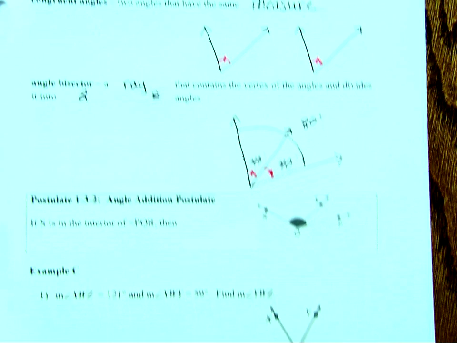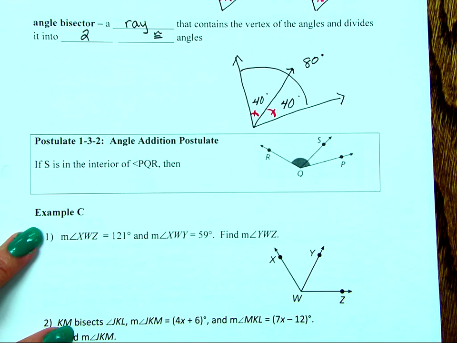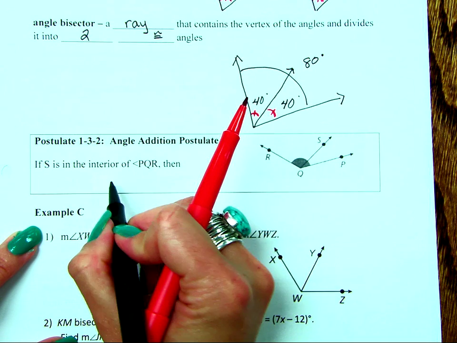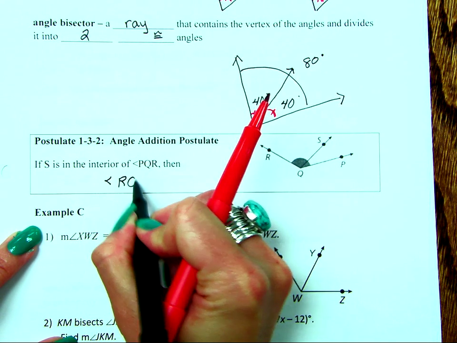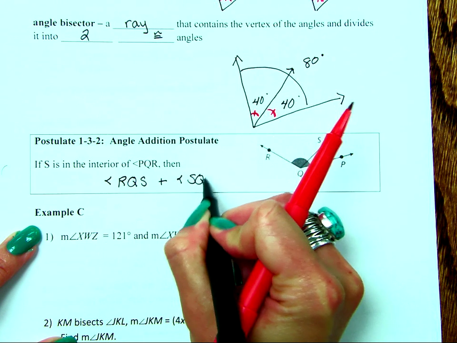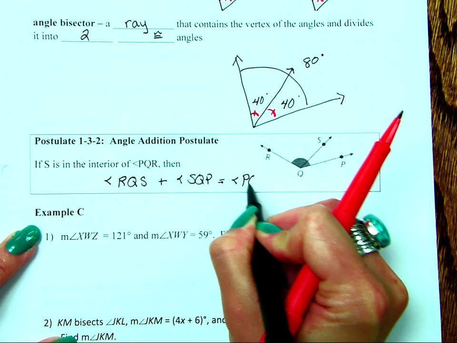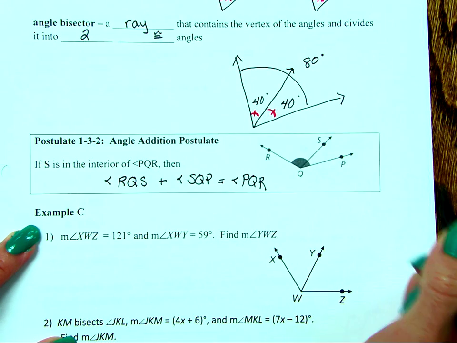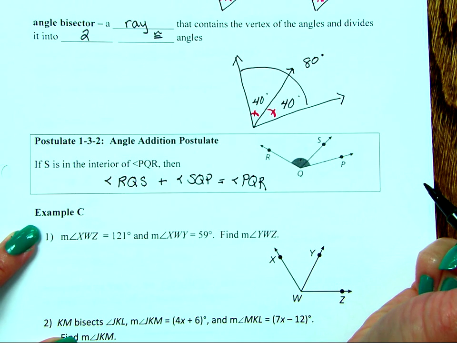For the angle addition postulate, they say if S is in the interior of angle PQR, then angle RQS plus angle SQP should equal the whole angle PQR, simply meaning we can add the two parts together to equal the whole.